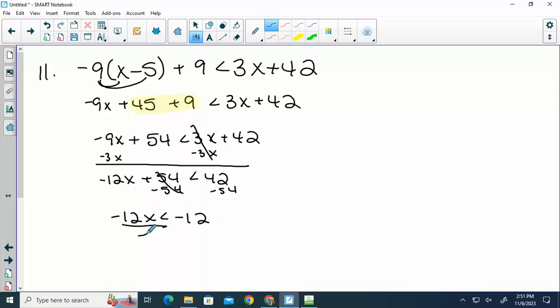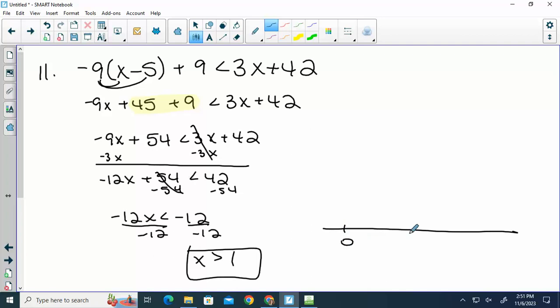So I have to divide, but if you multiply or divide by a negative, the inequality flips. So we get x is greater than 1. Take a look at that page and see if there's any others on there that you want me to look at.